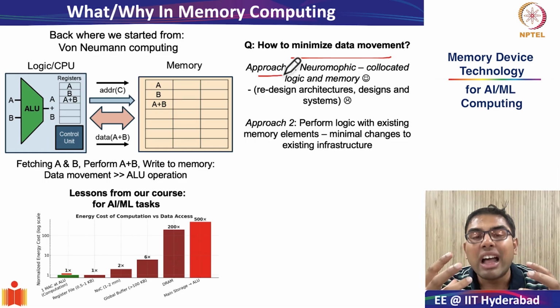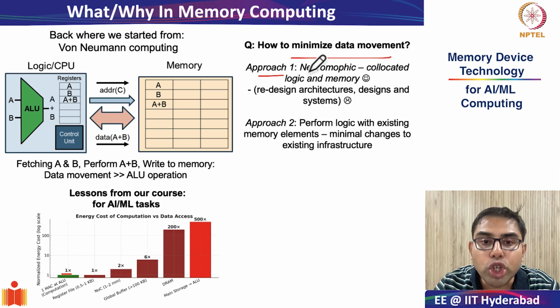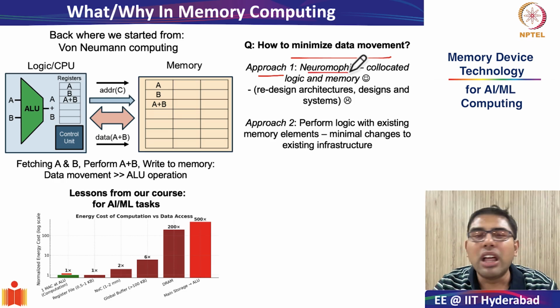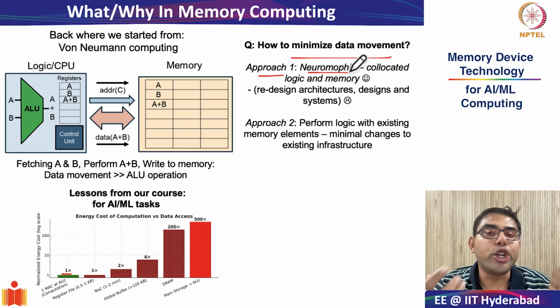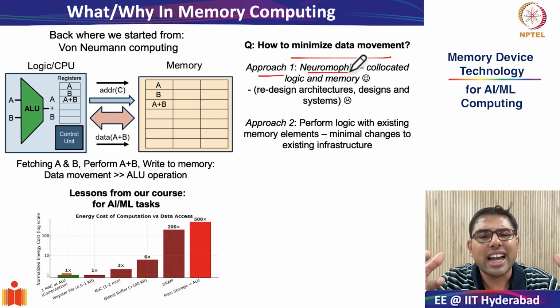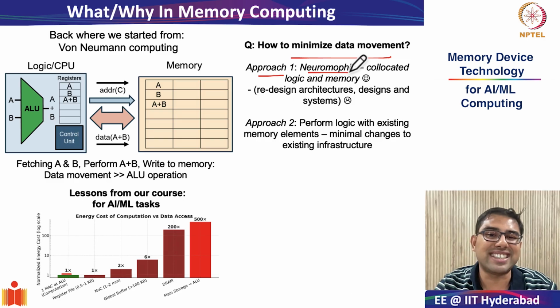When we try to mimic the brain in terms of neuromorphic architectures that we have been looking at in detail, we look at the hardware model for neurons and synapses, how they behave, how they are brought together in spiking neural networks, and how that really helps in reducing power consumption.